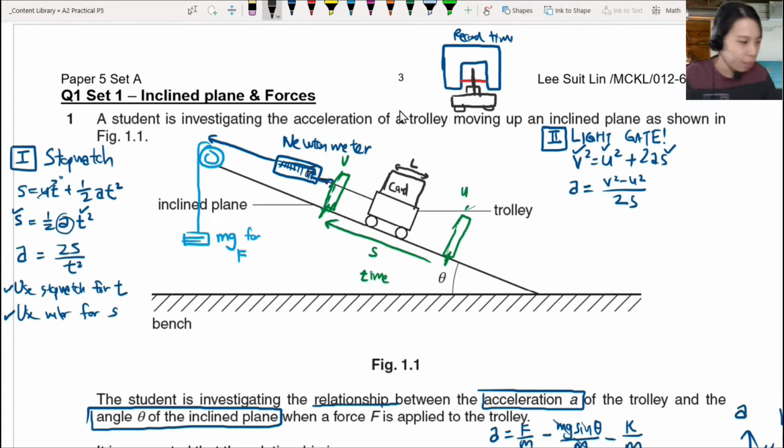Okay, I understand that you might be feeling a bit strange like, Miss, I don't understand this light gate. How does the light gate actually work? I'm going to grab my flashlight. Give me a second. Y'all can do this also. I need you all to open your eyes big.